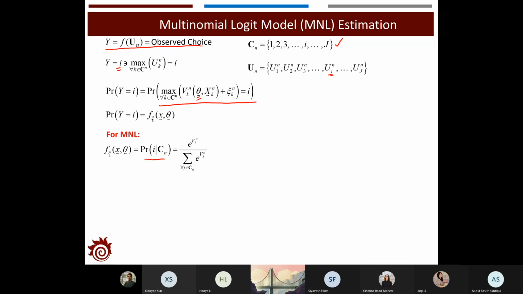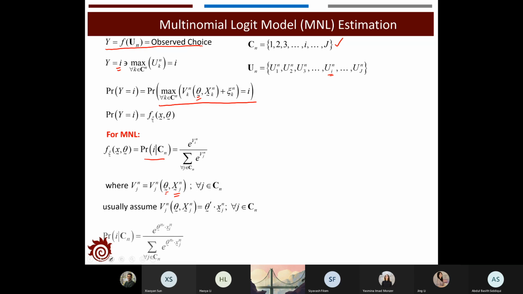The probability of i is exponential v_i divided by the summation of exponential v_j. And we know that v_j is the linear function of the constant coefficient and the observed attributes. Based on this linear assumption, we can further expand the formula for the probability.